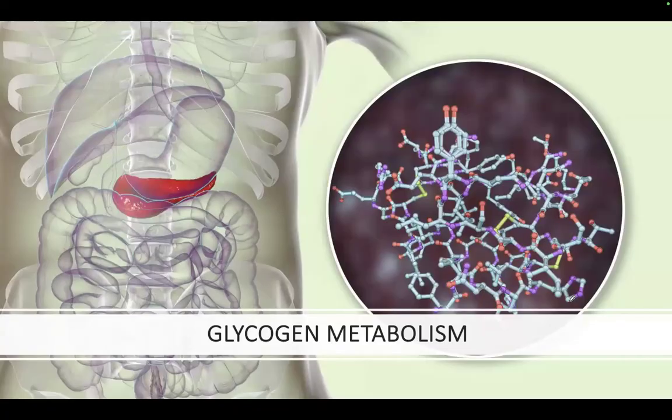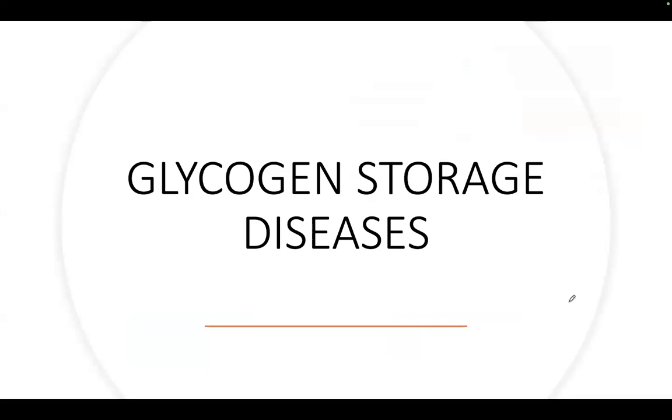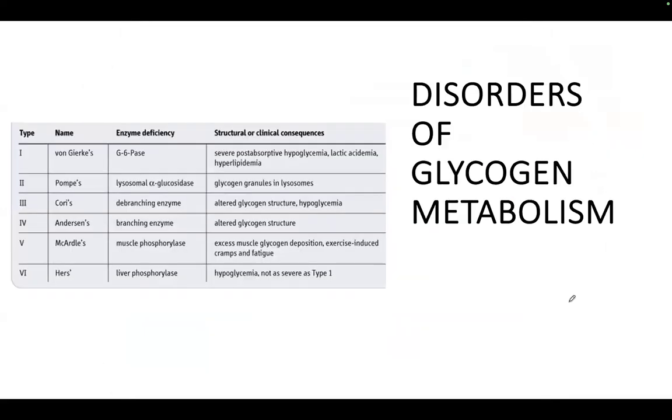In understanding better glycogen metabolism, we will take up the glycogen storage diseases. These are the common, not all, but the common glycogen storage diseases. It begins with the type of the glycogen storage disease being referred to by Roman numerals.